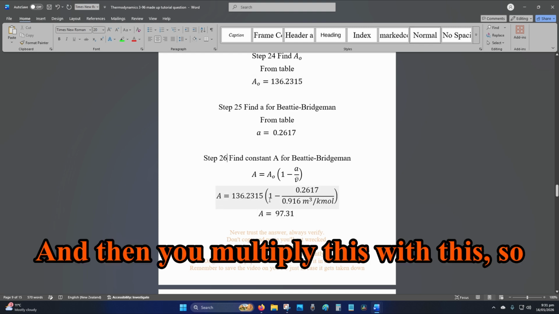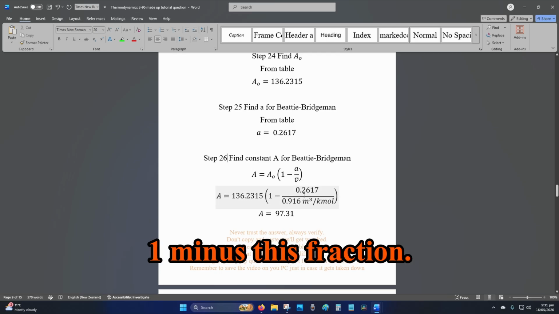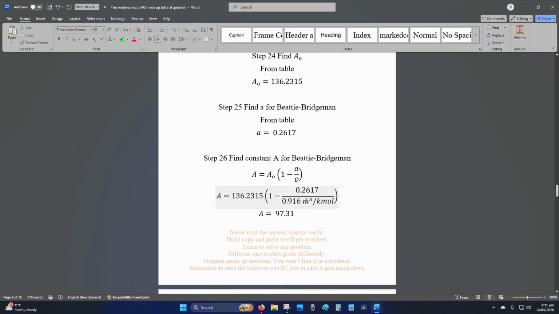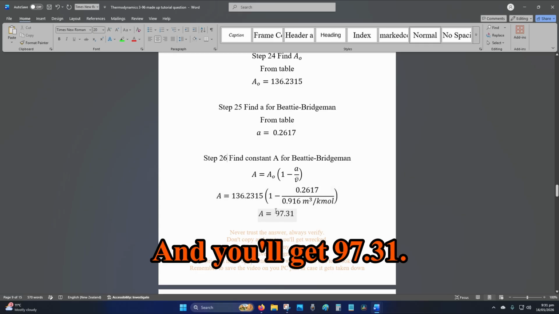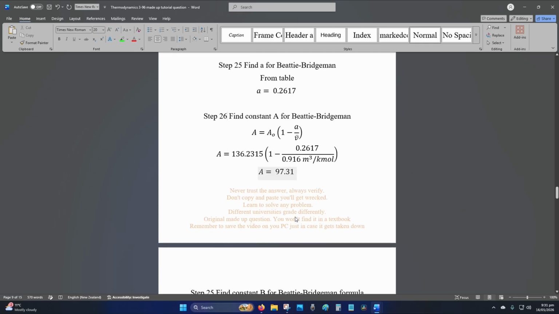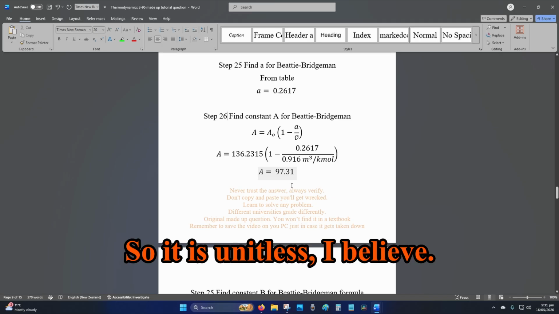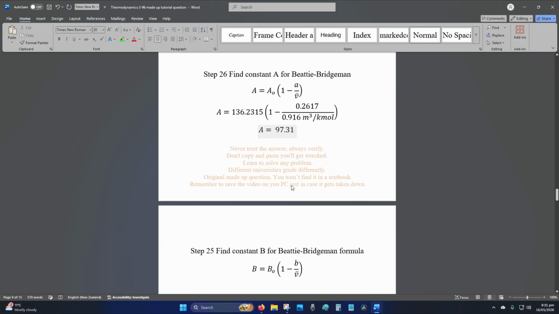And then you multiply this with this, so 1 minus this fraction, and you'll get 97.31. So it is unitless, I believe.